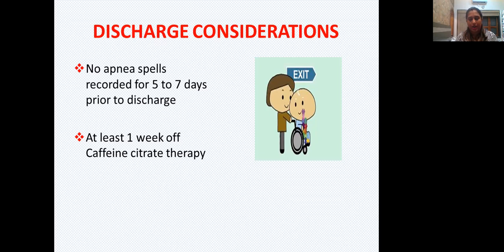So these are the general measures which we have to follow day in and day out in order to prevent apnea. With that, methylxanthines up to around 34 to 35 weeks of gestation have to be given. Sometimes, if required, nasal CPAP, and if it does not agree with nasal CPAP, then mechanical ventilation might be required.